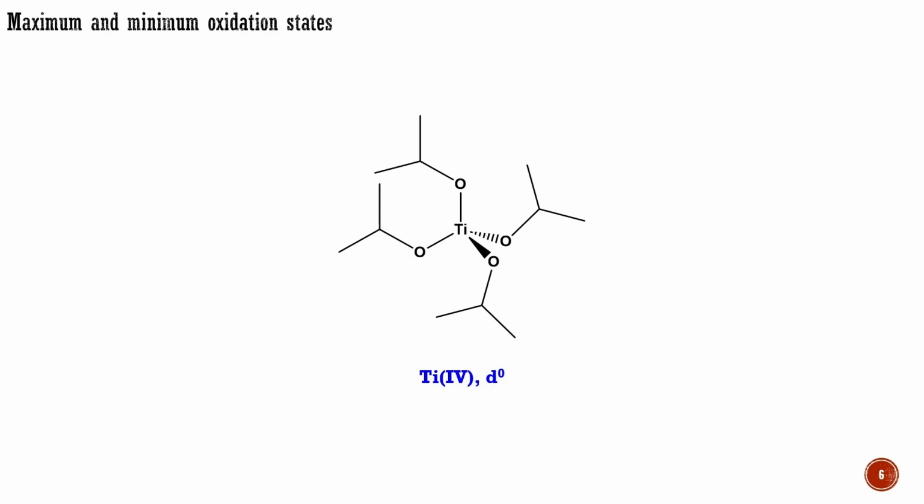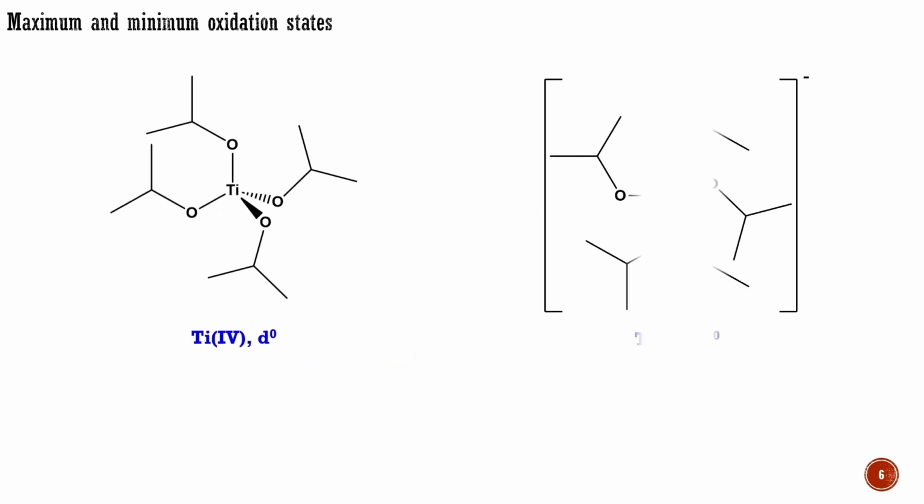The maximum permitted oxidation state of a complex can never exceed the group number of the metal. Titanium can have no higher oxidation state than titanium(IV), corresponding to the minimum allowed d configuration of d0. If we now add an additional alkoxy group to this titanium(IV) complex, it can no longer remain neutral and should be depicted as a -1 complex, as shown here.